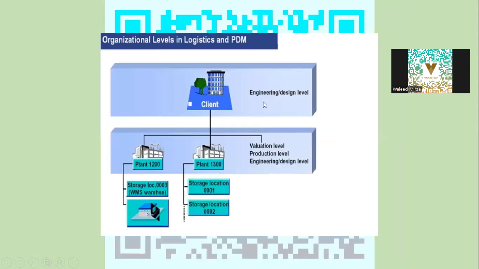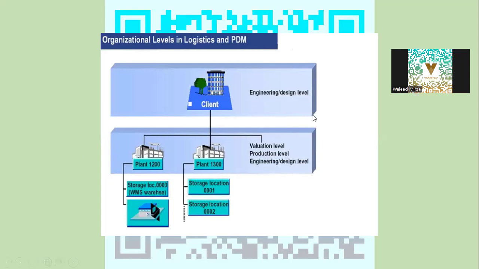So a client is basically at the top level, and that actually defines an area, a specific area, or a landscape in SAP. Over here, it is considering client as an engineering phase or department.